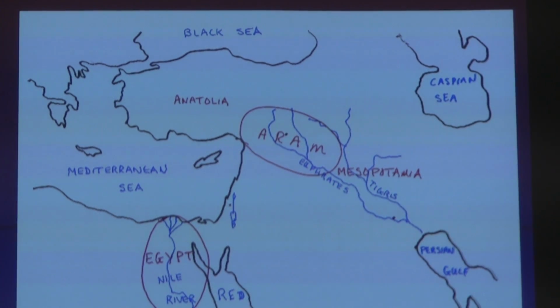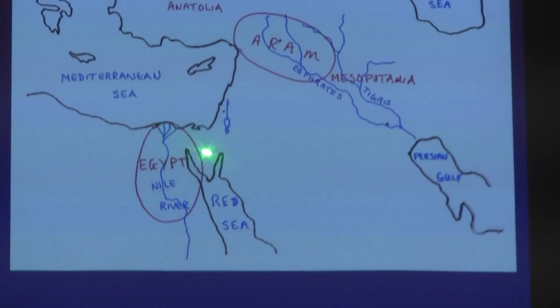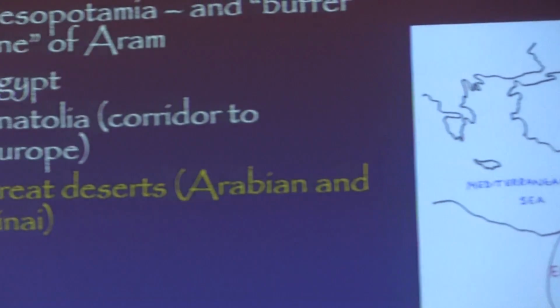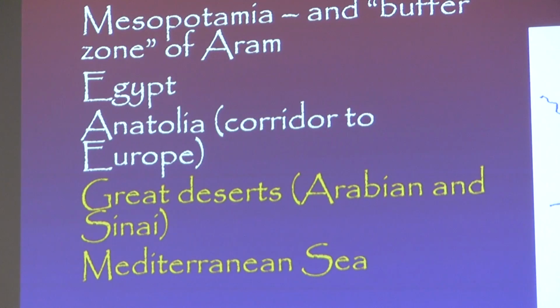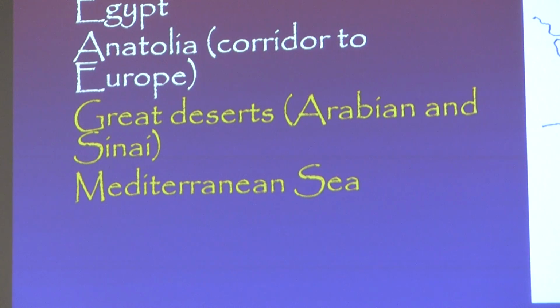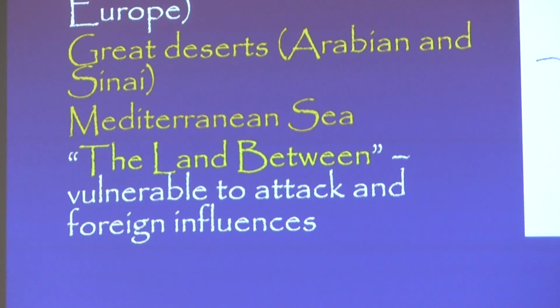And then we mentioned the deserts here, the Arabian Desert, also the Sinai Peninsula, which is smaller, obviously, but still a desert and a barrier. We talked about the Mediterranean Sea, and both of those are color-coded to indicate that they are barriers shifting the travel to go through our land between right here.